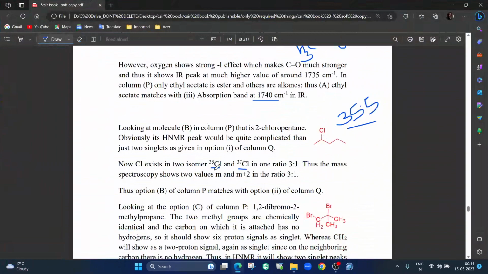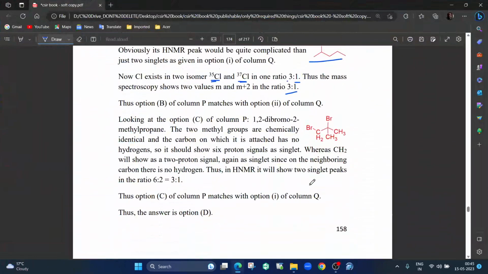So therefore you will see that the M plus 2 peak is 1/3 of the M peak, because the M peak is 3 times more, and therefore this molecule B will give you a mass spec of M is to M plus 2 as 3 is to 1. And in this molecule, this CH3 and this CH3 are neighboring a carbon which does not have hydrogen, so of course it will come as singlet.